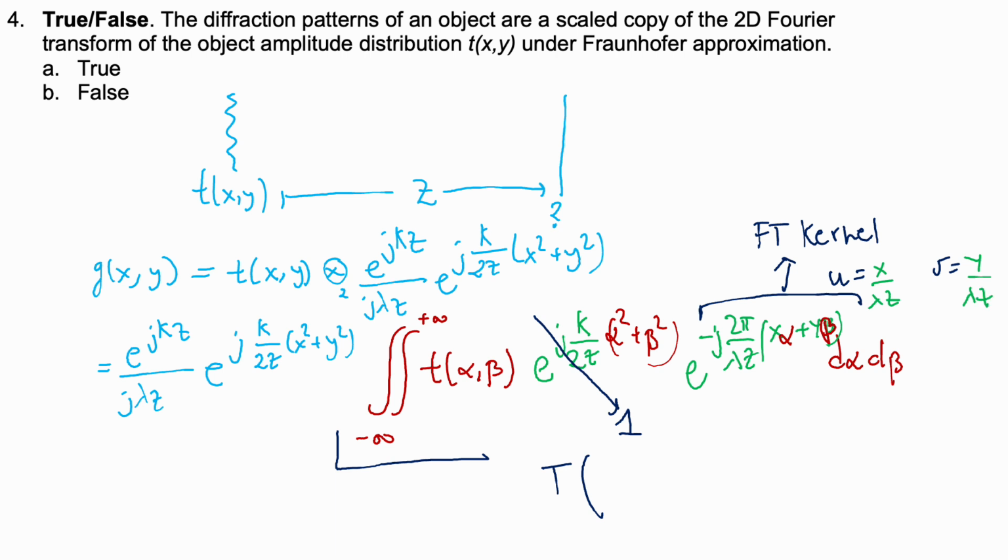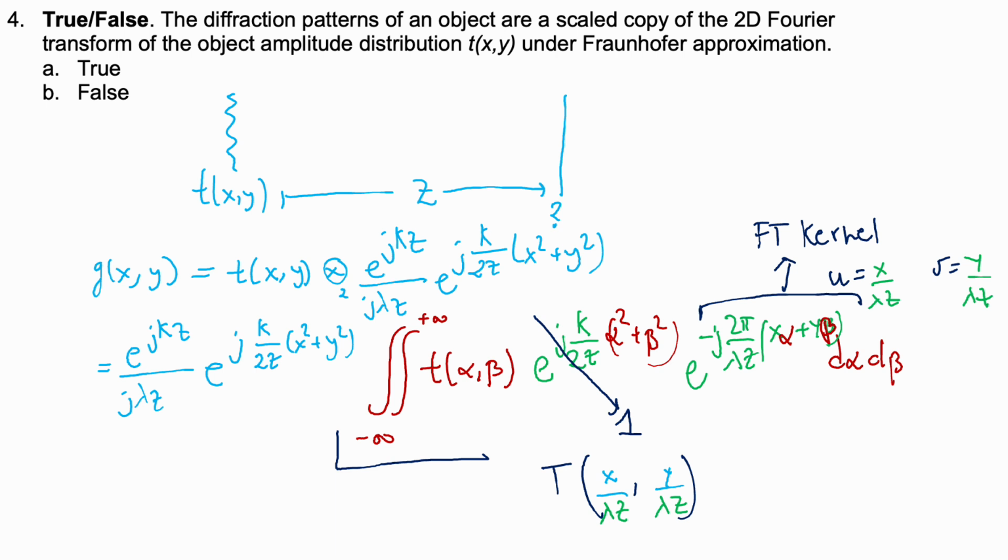So this is the Fourier transform of your object transmittance at u and v, but remember that we said that u and v are related to x and y, your wavelength, and the distance between your input and where you are observing.